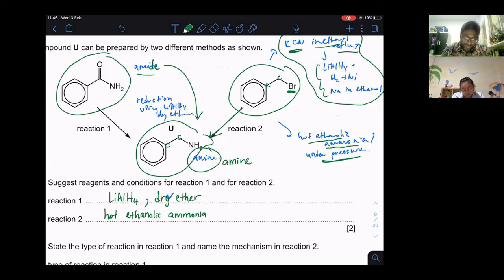So it means extreme condition. The halogenoalkane must react with ammonia under extreme condition. It must be hot, and it must also have high pressure. Then you are going to get amine. Okay, so that is the reaction.